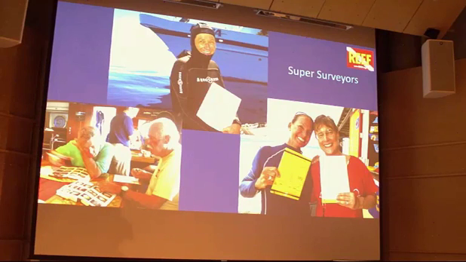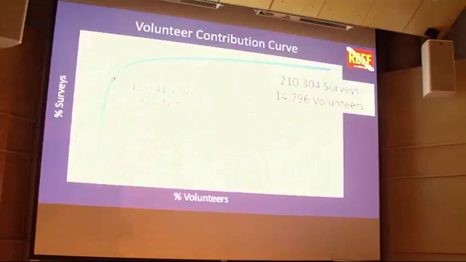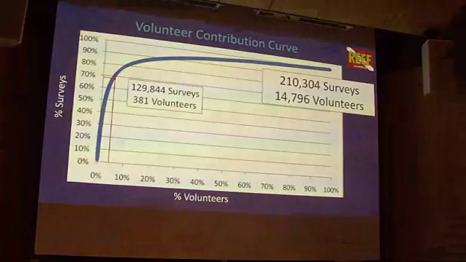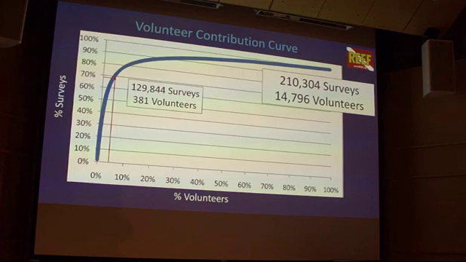Another interesting thing about what happens because of these super surveyors is the contribution to the overall 210,000 surveys. The bottom is the percent of volunteers, and the y-axis is the percent of surveys. In total, we have 210,000 surveys and 15,000 people.